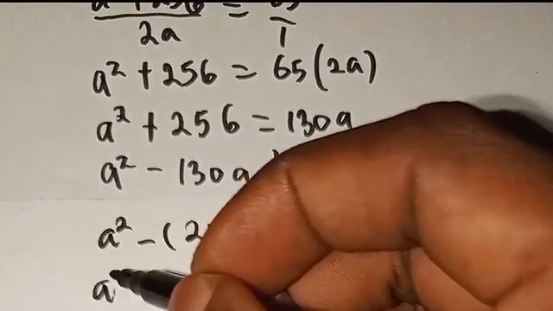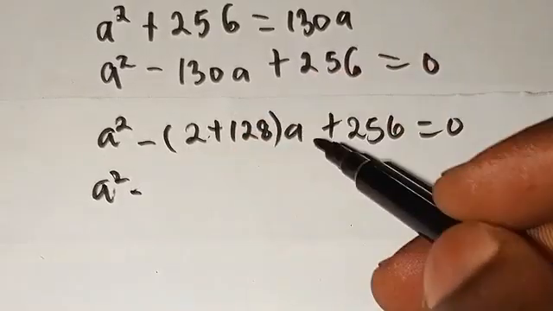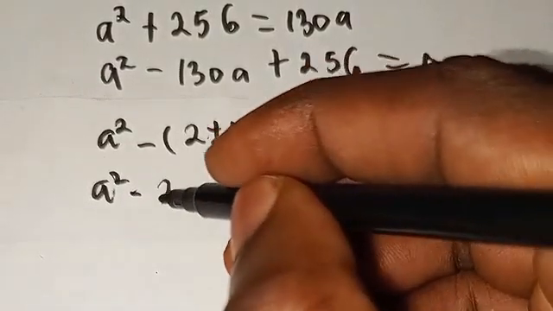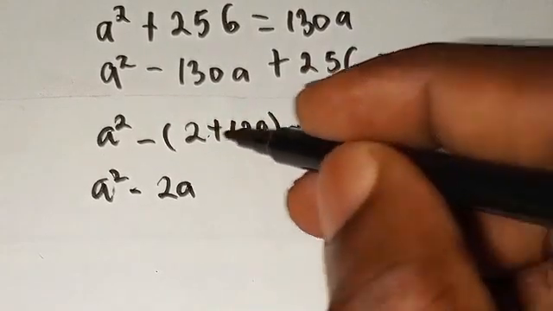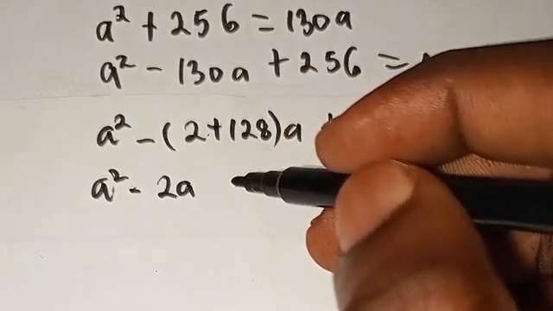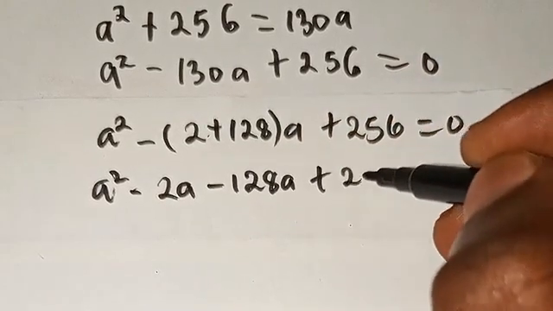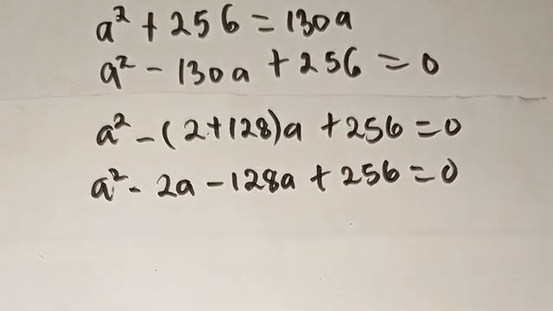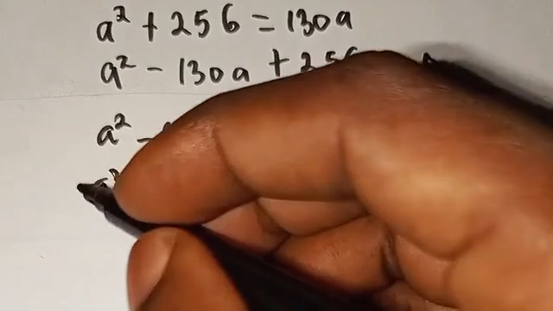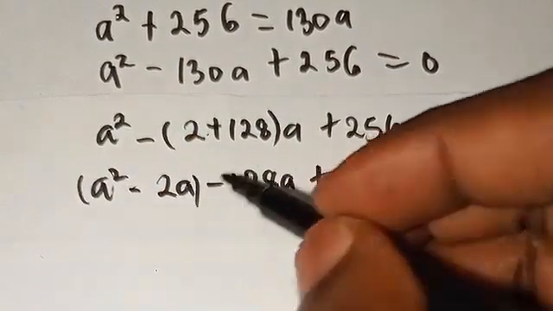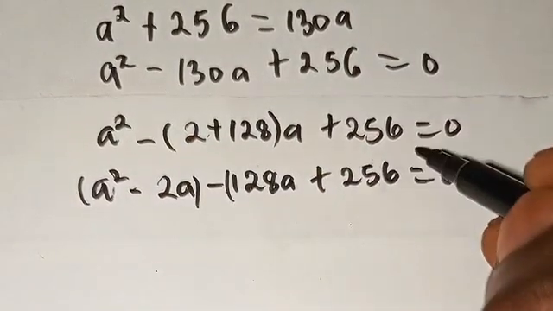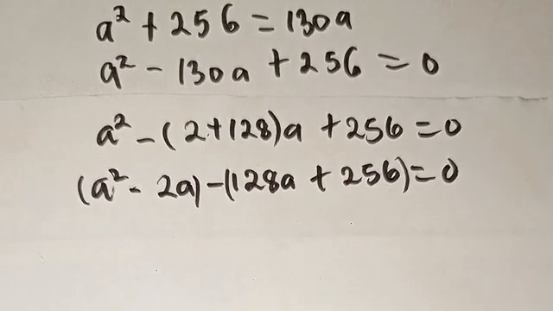So now from here, I'm going to have a squared minus 2a, then minus 128a plus 256 equals 0. The next thing we are going to do is group this into 2 like this.